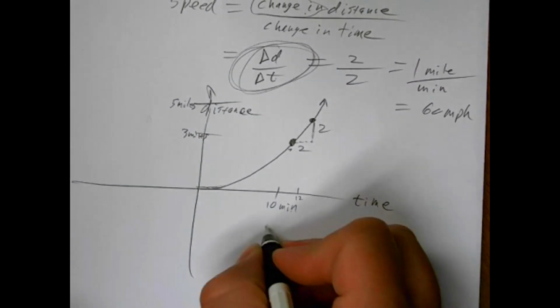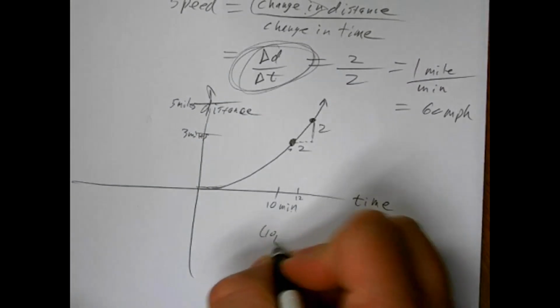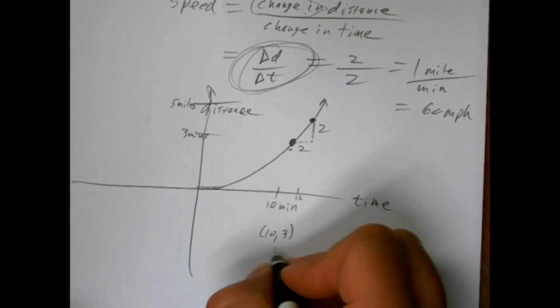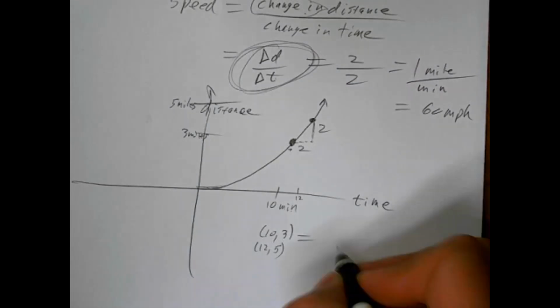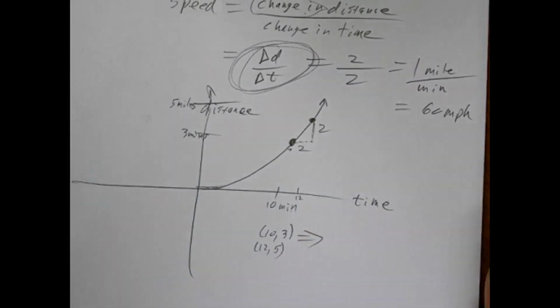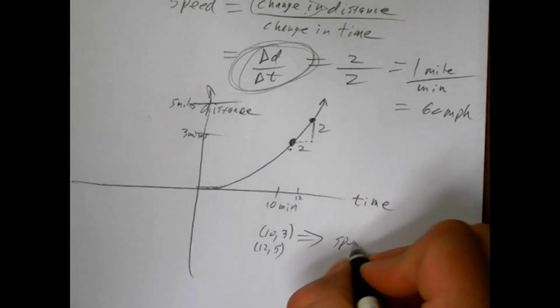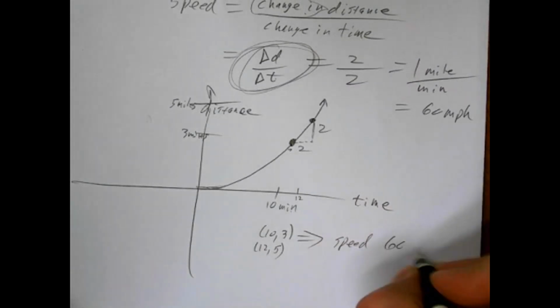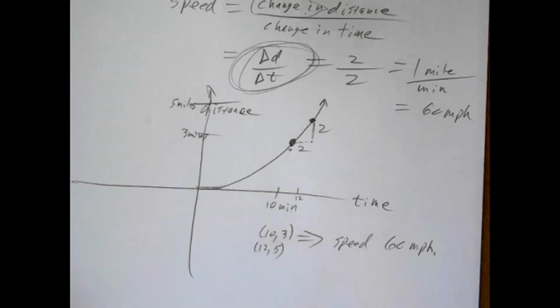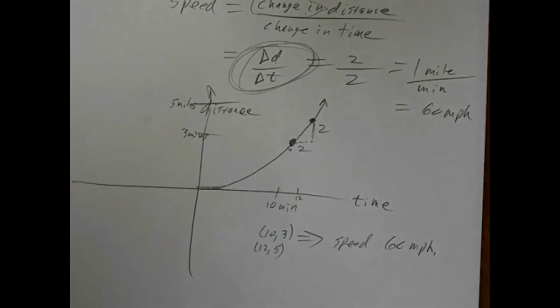I just took the ordered pairs (10, 3) and (12, 5), and I turned those 2 ordered pairs into a speed of 60 miles per hour. Those 2 ordered pairs turned into a 60 mile per hour movement of that automobile.